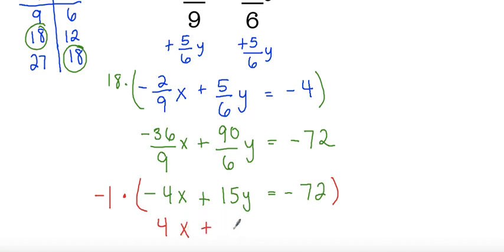Negative 1 times 15 is negative 15, or minus 15. y is equal to negative 72. So this is our equation in standard form. So 4x minus 15y is equal to, negative 1 times negative 72 is actually positive 72. So that should be a positive 72. So our equation in standard form is 4x minus 15y is equal to 72.